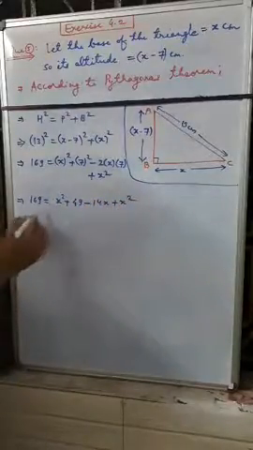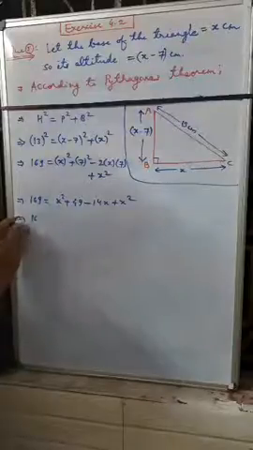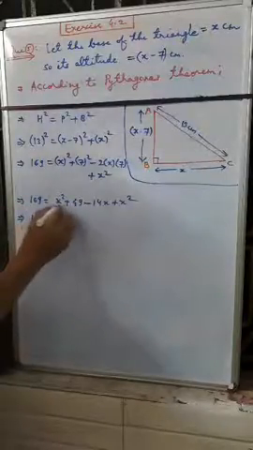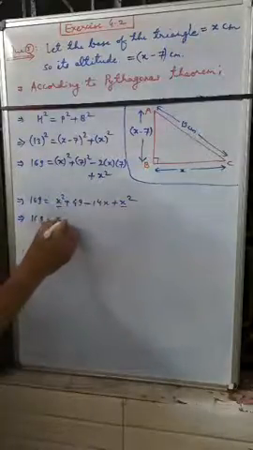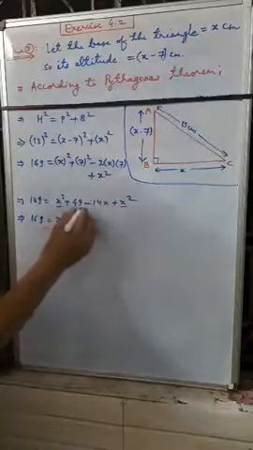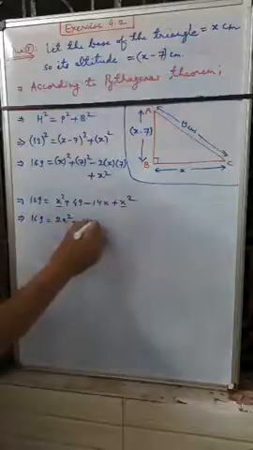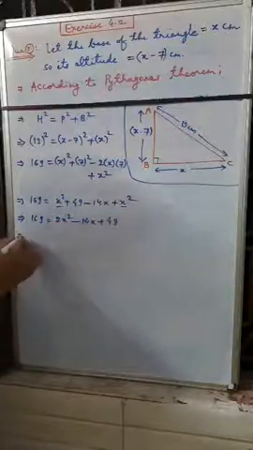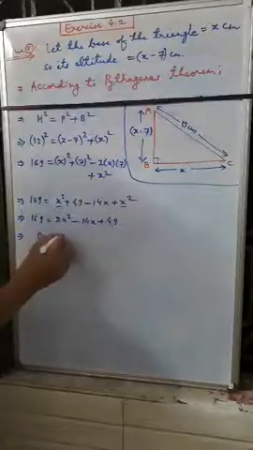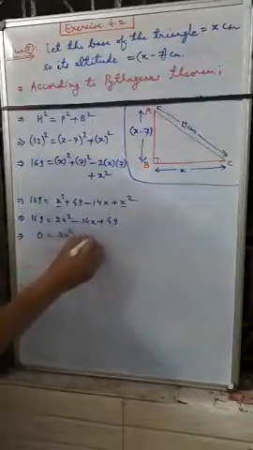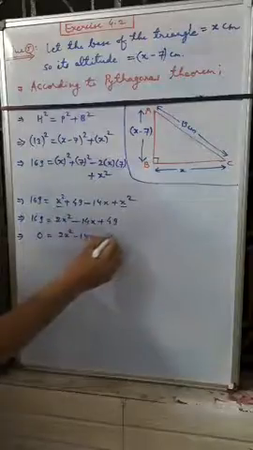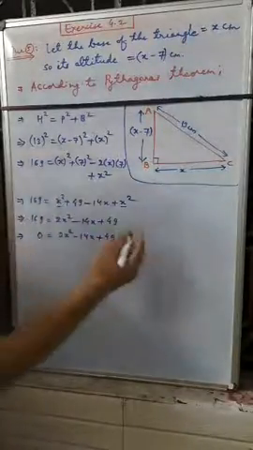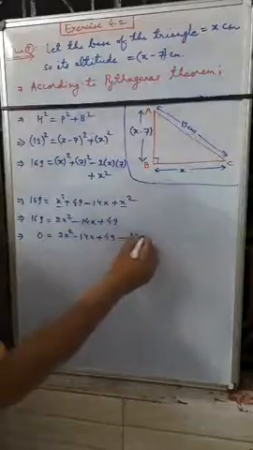So now we can say that 169 is equal to x square plus x square become 2x square minus 14x plus 49. So we can write here 0 is equal to 2x square minus 14x plus 49. We will transfer 169 to the right hand side here, so it is minus 169.